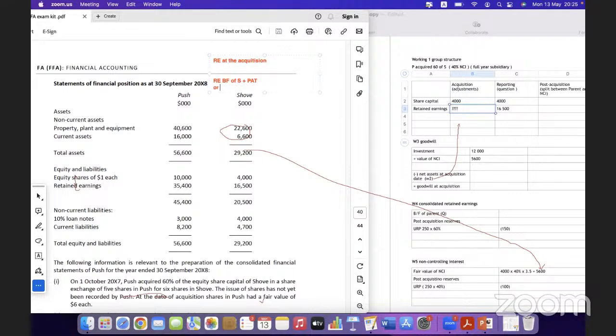Or second method, take the retained earning carried down of subsidiary and subtract profit after tax. Normally, these are the 2 equations that we use in a situation where the subsidiary's retained earnings at the acquisition date is not provided. So guys, copy this down. I'll teach you how to do this one. Copy it down and keep.